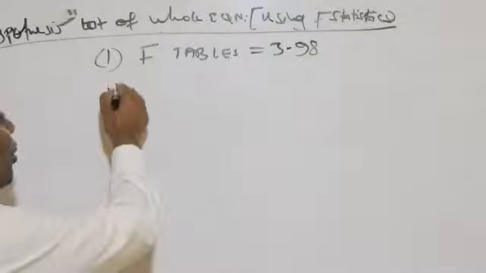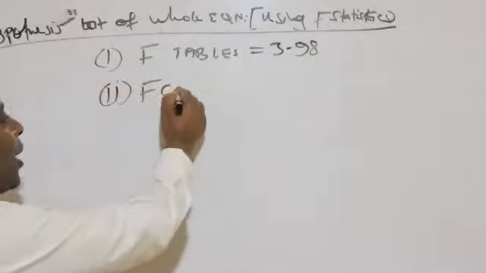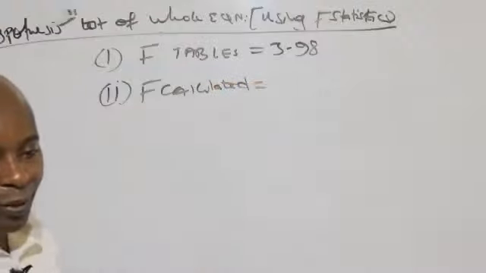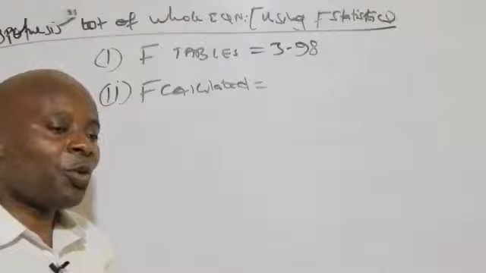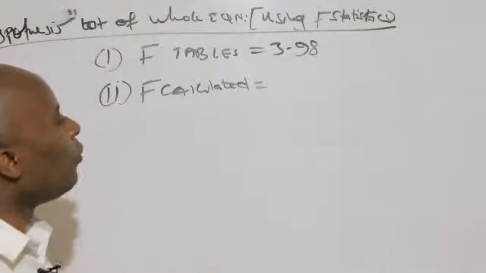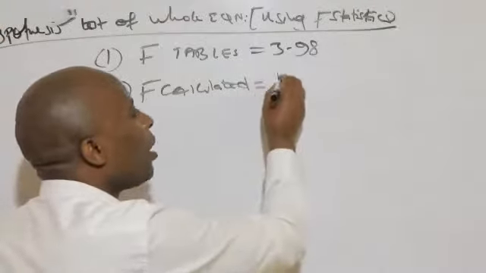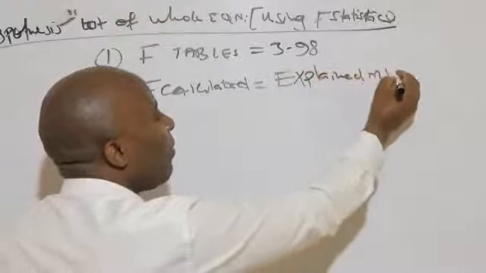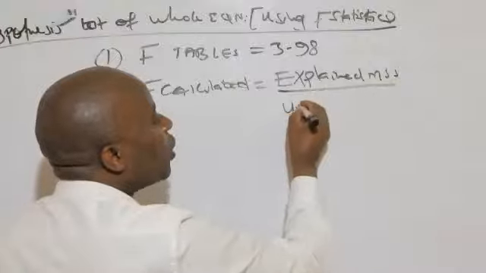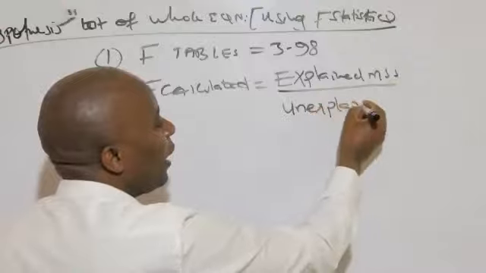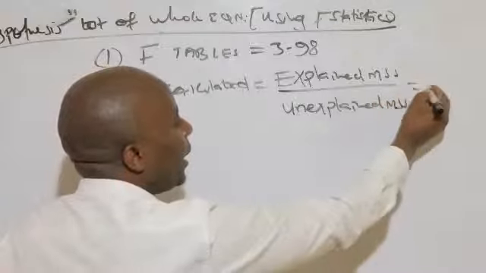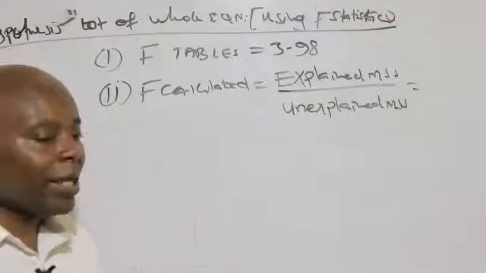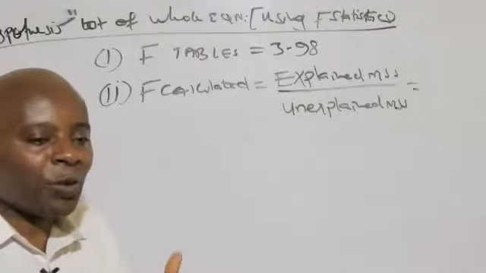And then number 2, we have the F calculated, or the F ratio. We have to be in a position of remembering how it is computed. We normally compute it by taking the explained MSS all over the unexplained MSS. Unfortunately for us, we had already computed this.